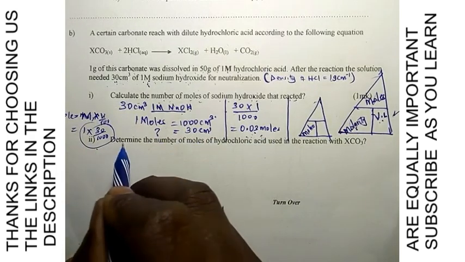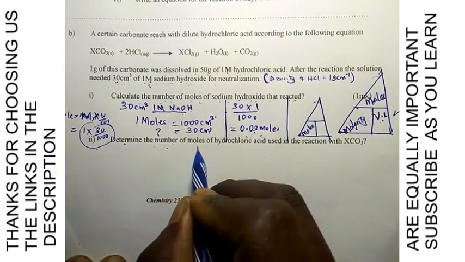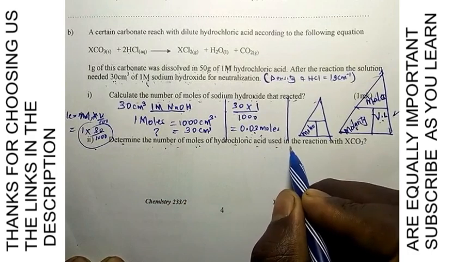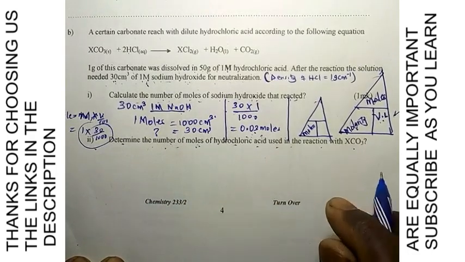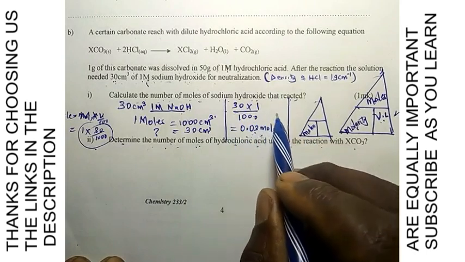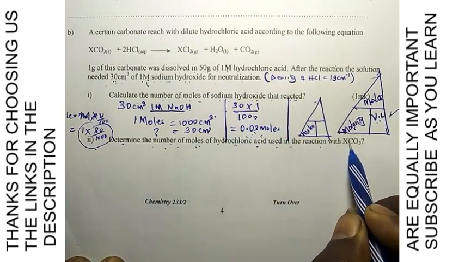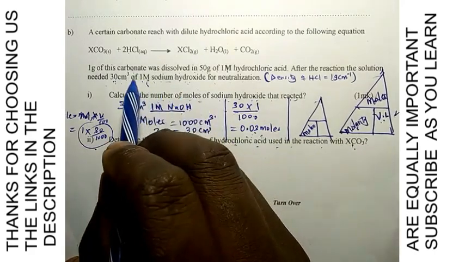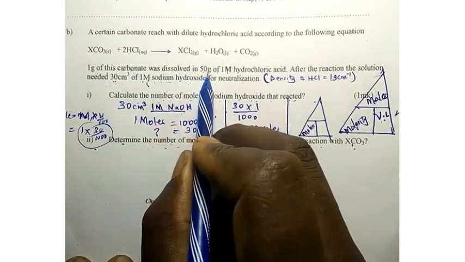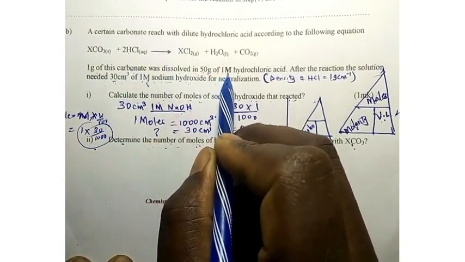Part 2, determine the number of moles of hydrochloric acid used in the reaction with the carbonate. Remember, the number of moles that reacted with the carbonate, we don't know that, but we can get that. First, we were given that 1 gram of the carbonate was dissolved in 50 grams of 1 molar hydrochloric acid.